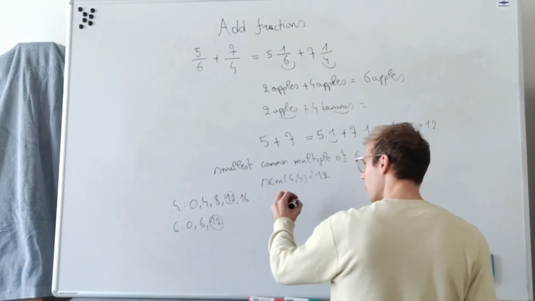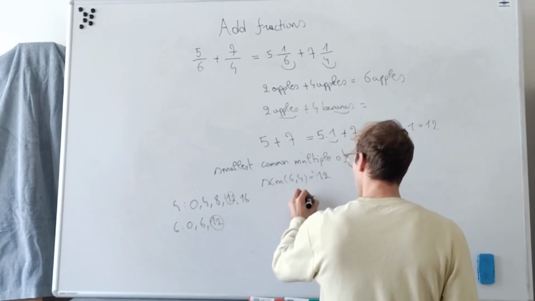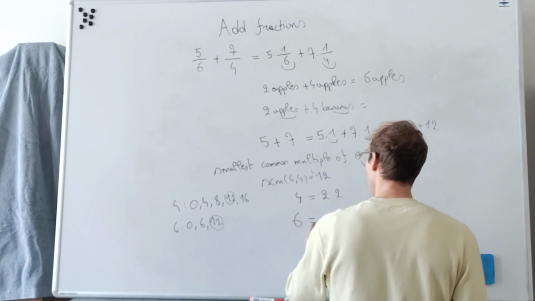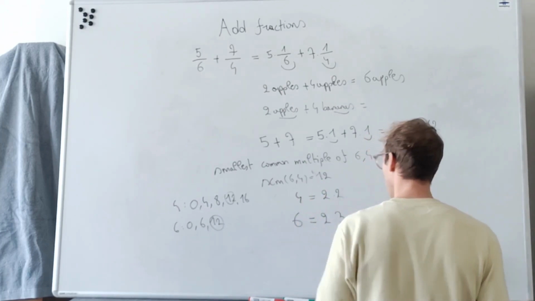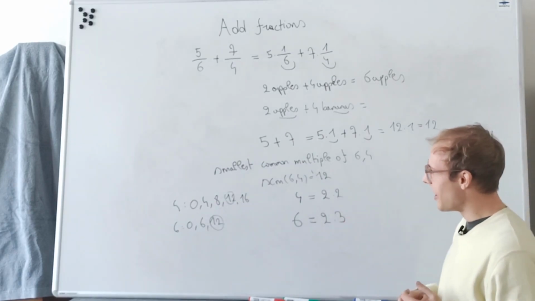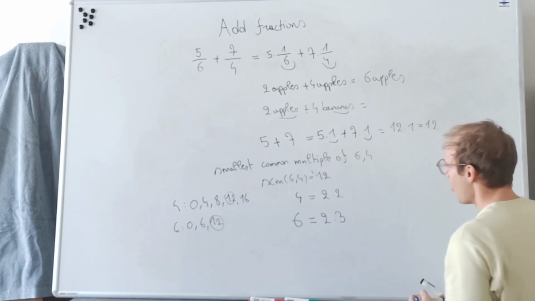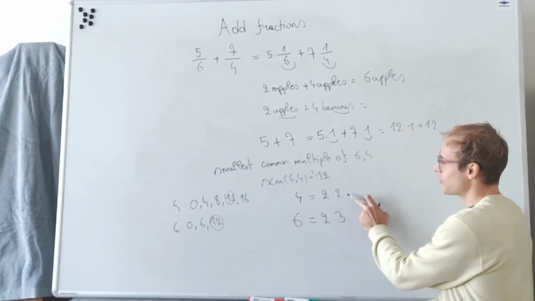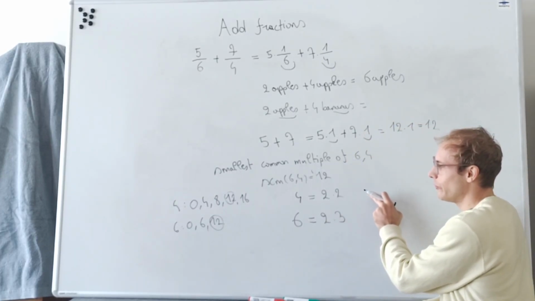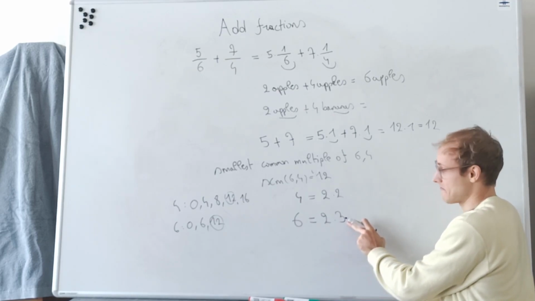So what we can also do is just factorize these numbers, which we will always do. So 4 is 2 times 2, 6 is 2 times 3. So we can read that 2 is the greatest common divisor, but what we actually want to do is see which prime factors we have to add to this list so that we get all of the ones from 6.